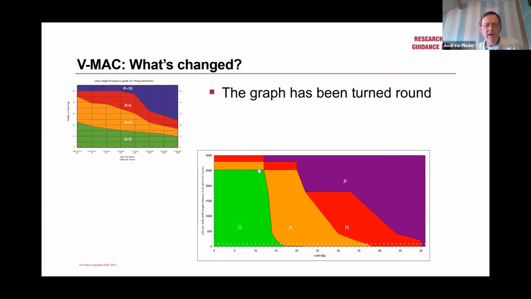So what I did was I took the Mac graph, and you've got the load going up the graph on the left on the y-axis, and the frequency of lift going across the x-axis horizontally. So I turned it round. So we've now got the load going across the bottom of the x-axis and the frequency going up.